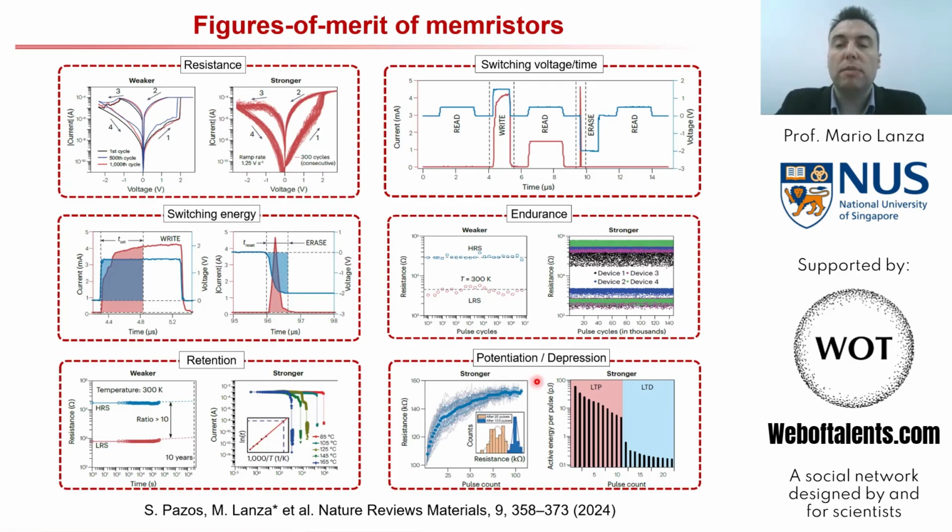For multi-level memristors, typically used for in-memory computing, another important figure of merit has been defined, which is called potentiation and depression. This basically tells us how linear the transition of the memristor between different states is, from the least to the most conductive and vice versa.